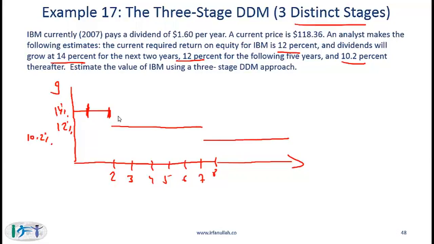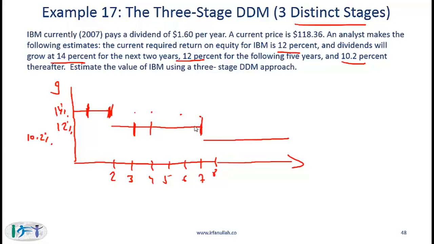Then once you have D2, how will you come up with D3? It will be D2 multiplied by 1.12. So you'll have D3, then you can compute D4 and so on, all the way up to D7. So all these dividends will then be discounted back, and you cannot use the Gordon Growth Model again because these numbers are finite.